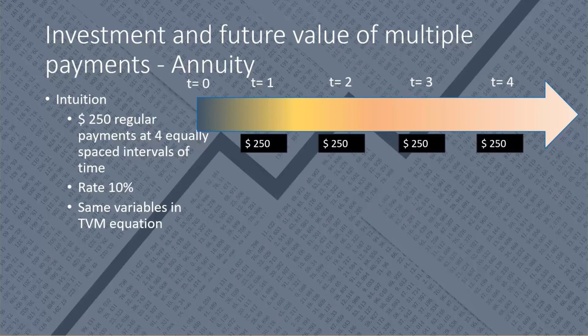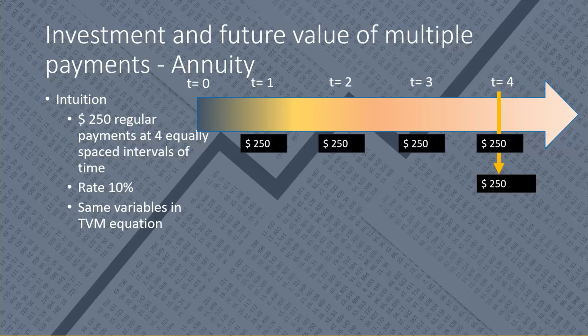So the fourth $250 does not get a chance to grow. Does that make sense? So the future value of that $250 is $250. Right after we insert the $250, we take everything out. The way we treat these cash flows is, we respect each individual cash flow's contribution separately and then add them all together. So the fourth $250 is worth $250 because it doesn't get a chance to grow.